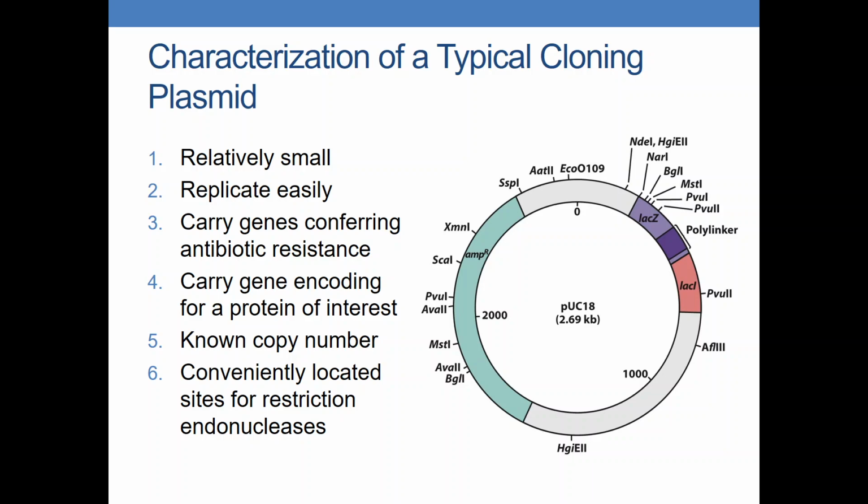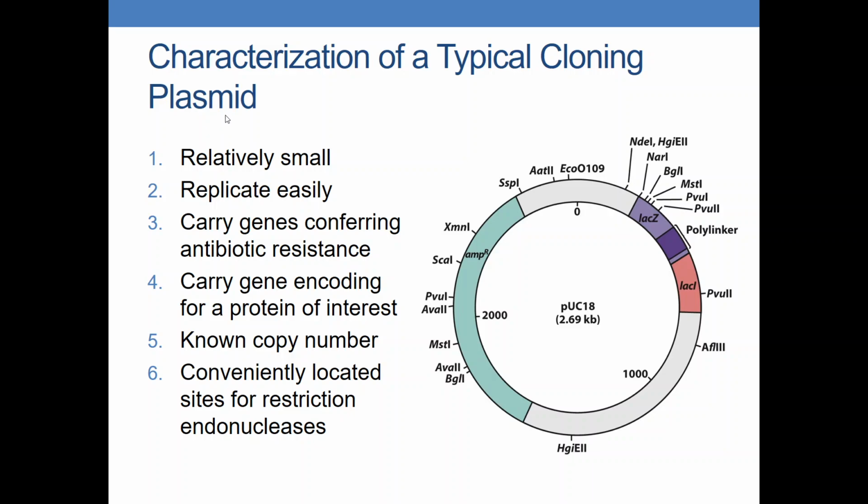So from this point forward, this thing that I'm about to describe to you at this stage is a vector. So the vector here, this is going to be the carrier of your gene of interest or your foreign DNA of interest. So I'm about to describe to you the characteristics of a typical cloning vector, not actually a plasmid.